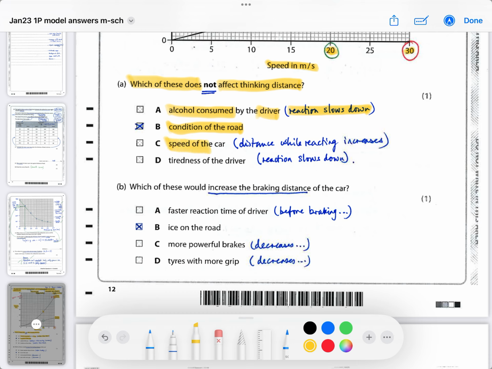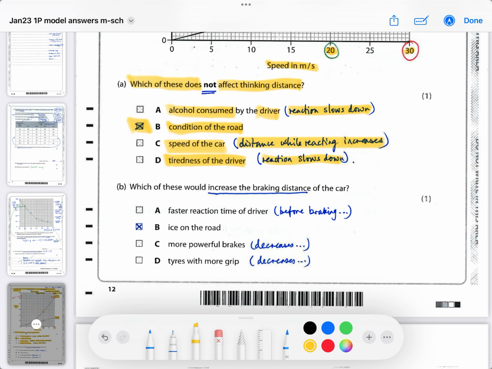The faster the car goes, the more it will travel while reacting, because if you're driving faster and thinking at the same speed, you will go further. And of course, the tiredness of the driver also affects his reaction time. So the answer is B, the condition of the road does not affect the thinking distance.